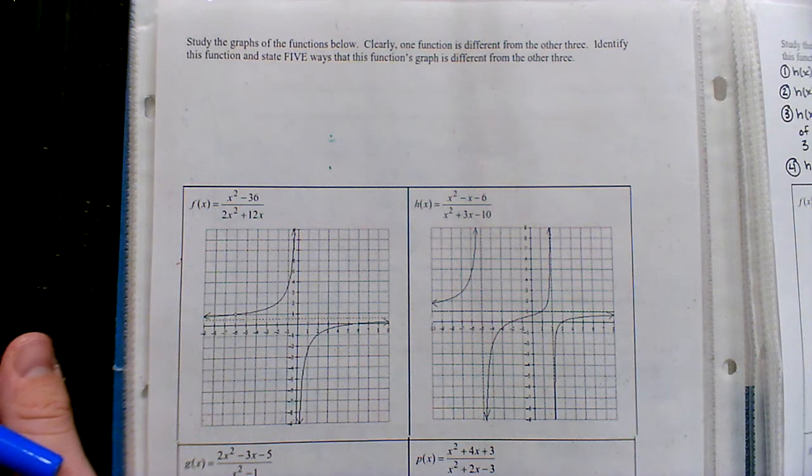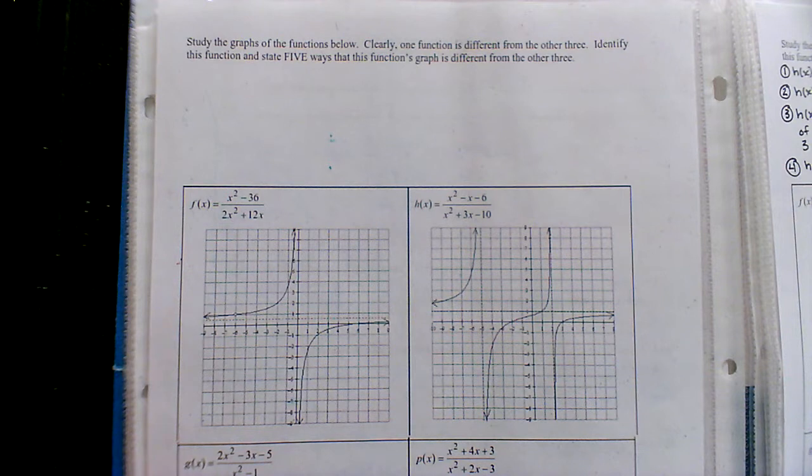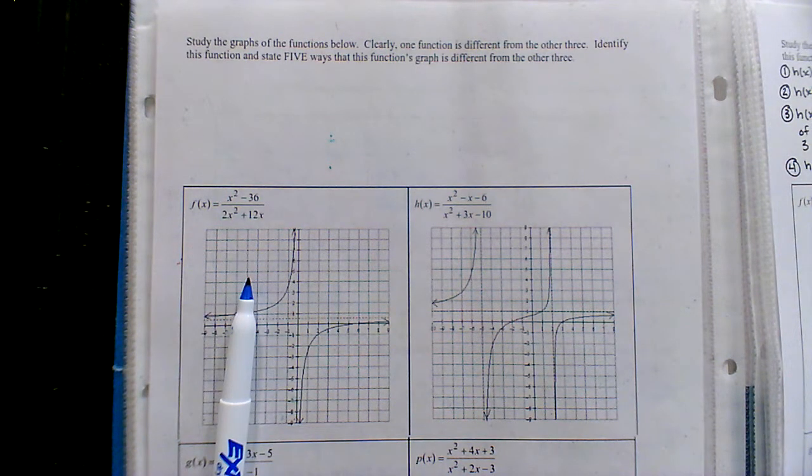So go ahead, take a minute. I'm going to give you a minute to analyze them, look at them, maybe jot down some ideas that you think could possibly be part of the 5 things that are different. So go ahead and take a minute. 3 are the same, 1 is different.